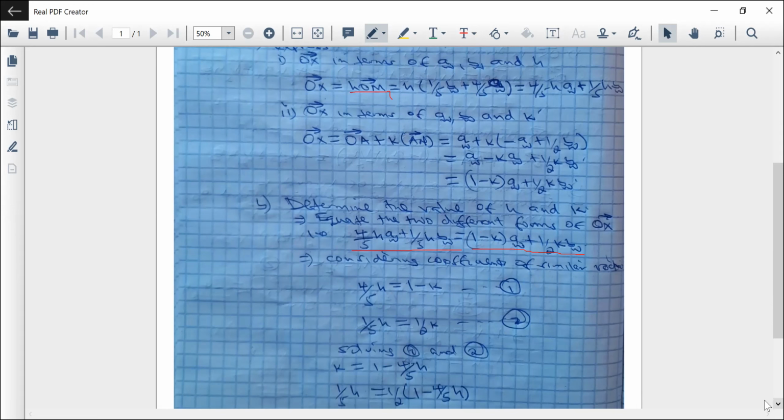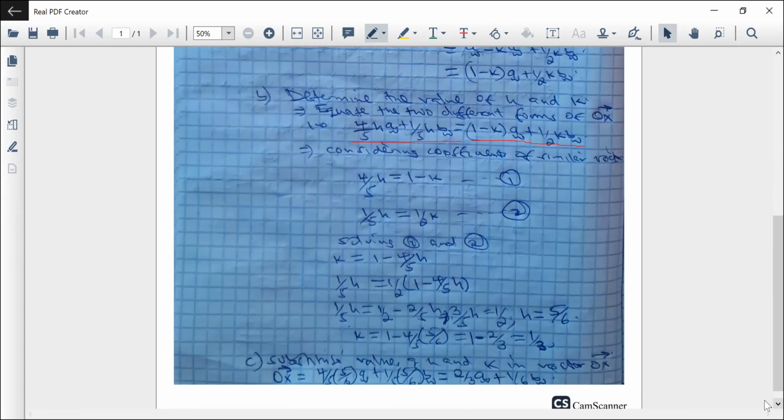So from there, we solve these equations. We can make K the subject from equation 1, so that K is 1 minus 4 over 5 H. K comes here, 4 over 5 H goes there, so K becomes positive and 4 over 5 H becomes negative. This is what we got.